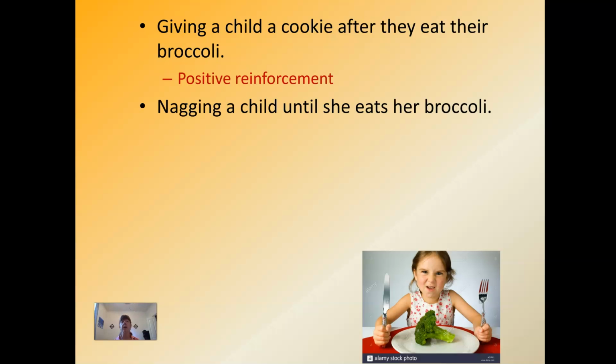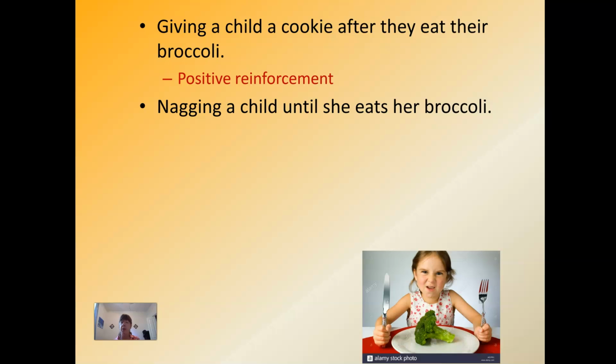Here's something a little more difficult. Suppose you're nagging your child until they eat their broccoli. So you nag them, and then when they eat their broccoli, you stop nagging them. What would that be? Well, in this case, you're removing a stimulus. You're nagging them, and when they do the behavior, you take away the stimulus, you stop nagging them.